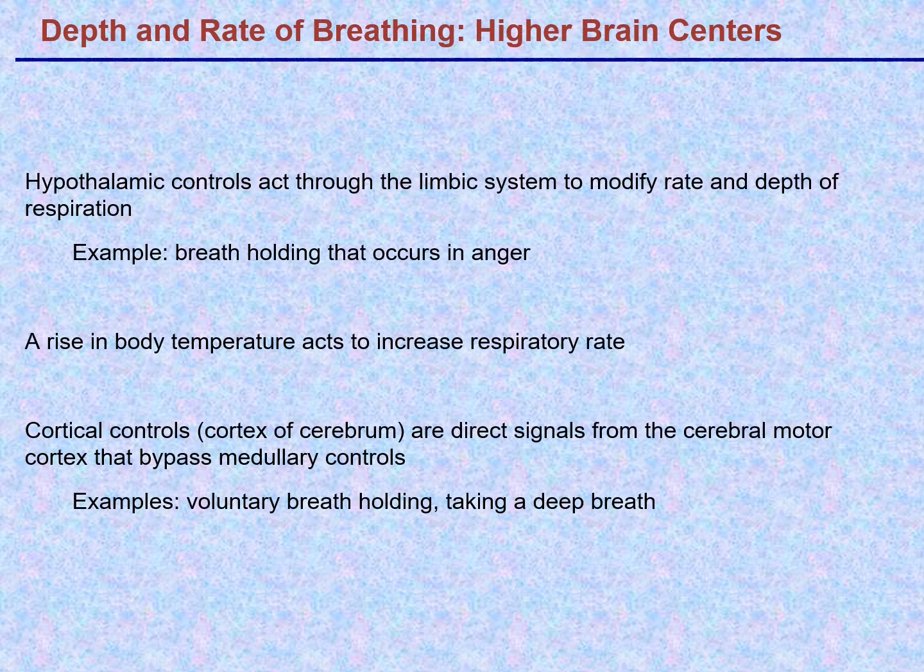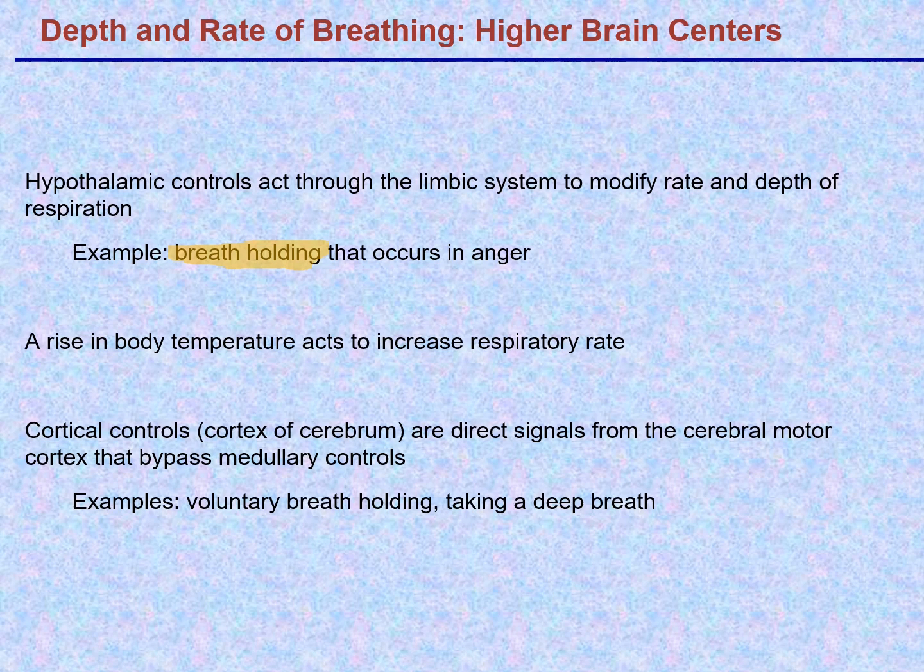The higher brain centers, as I said and explained earlier, can override every other influence. In an infant, or an extremely angry person, they'll hold their breath unconsciously. They do it as an unconscious action due to this overriding effect.